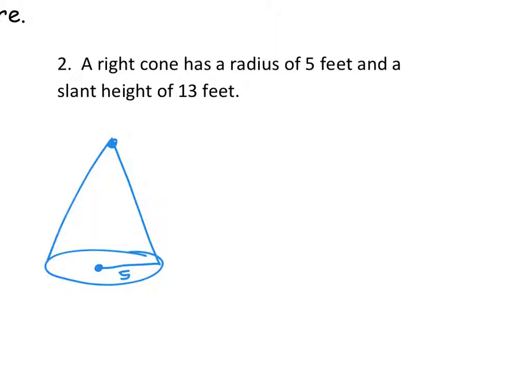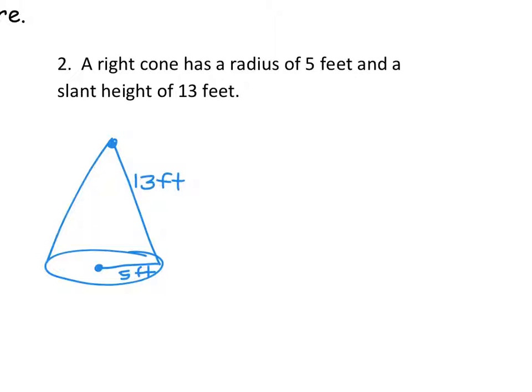You should be drawing this so you have a lovely little picture. And a slant height of 13 feet. When we talk about the slant height, we are not talking about the regular height. We're talking about the one on the side, that diagonal part.